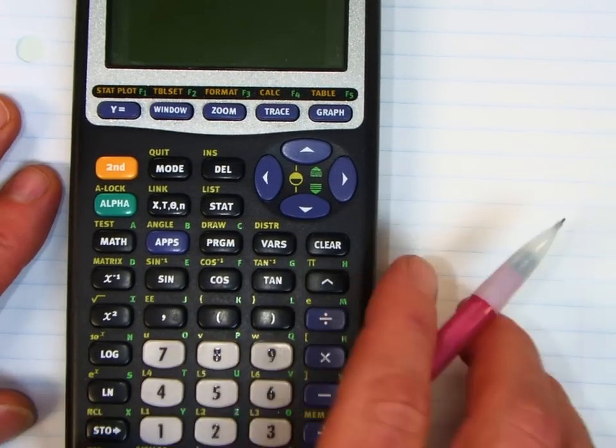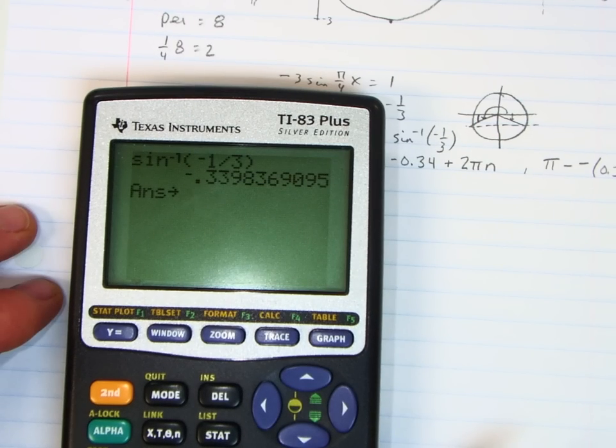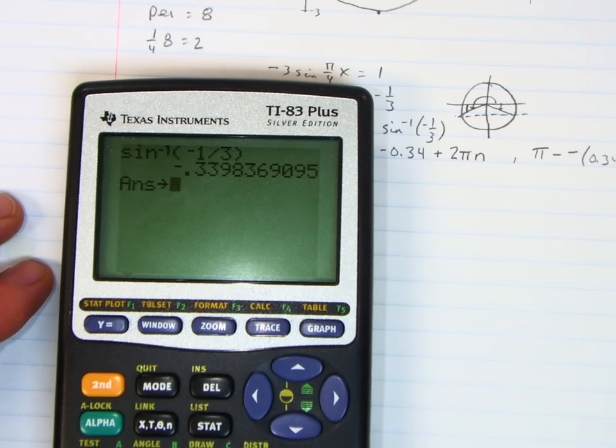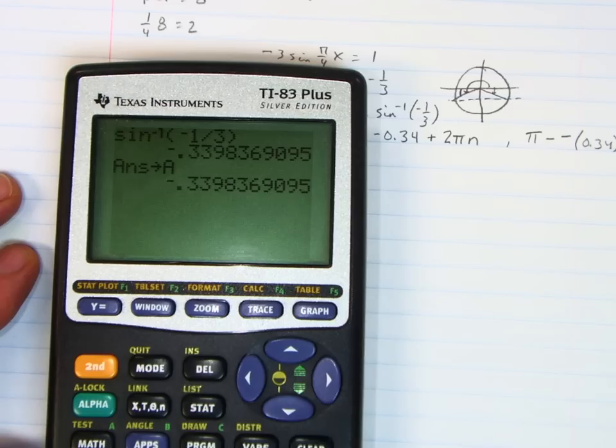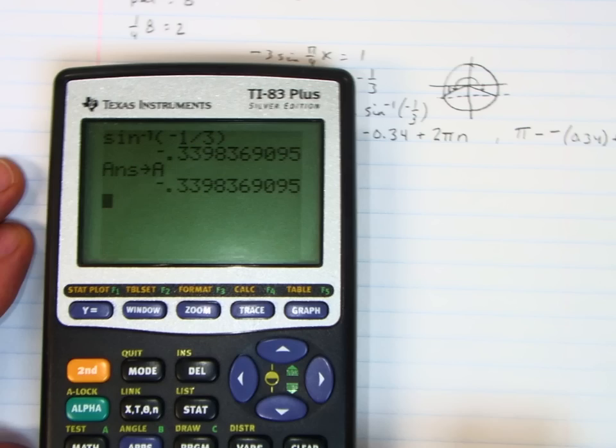Press that. We get answer, arrow. Now press the alpha key, and you'll see this A flashing on and off. We can pick any letter we want. Just for simplicity, I'm going to pick A. I hit enter. So now anytime I use A, that number is there.